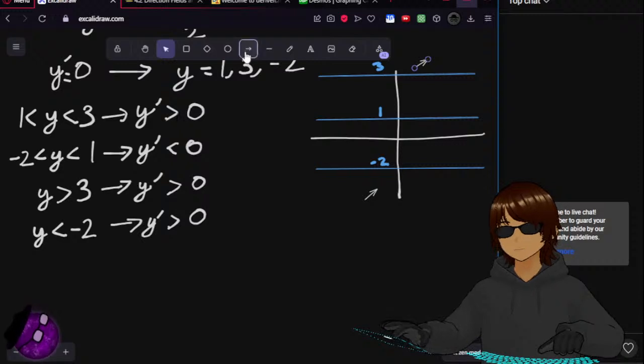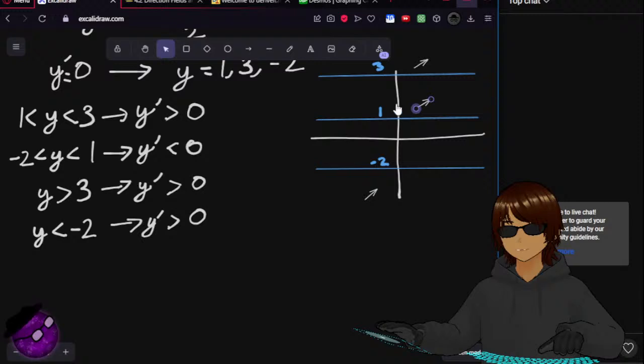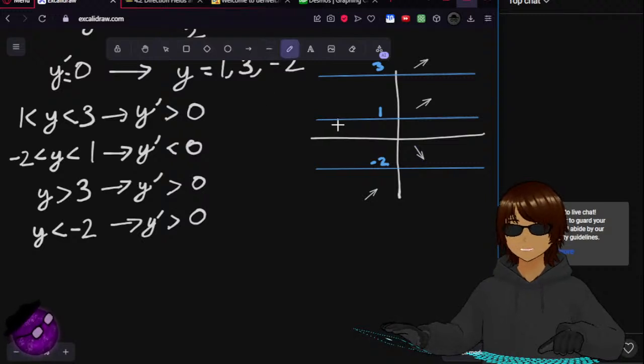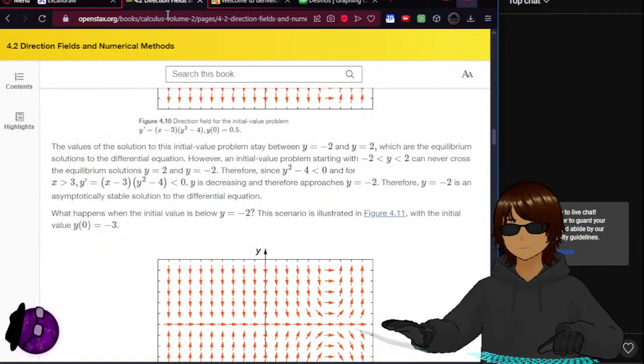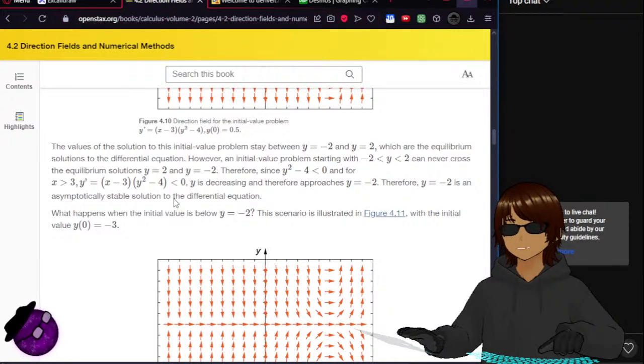Okay. Between 1 and 3, more than 0. And between -2 and 1, less than 0. So it's going like this, I think. Like this, and like this. Now I don't know what to do after this.